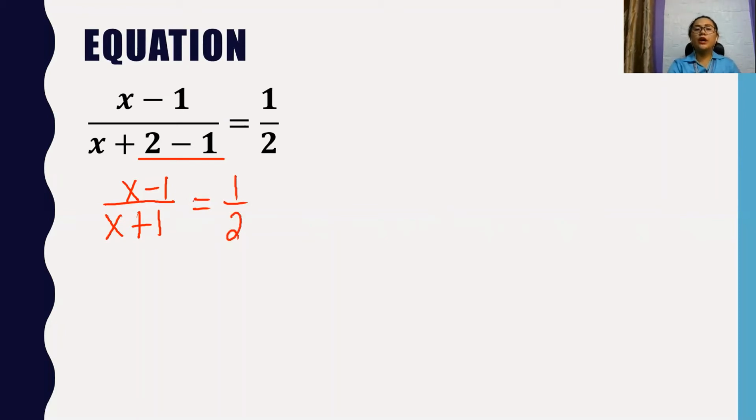Alright? Ngayon, we can cross-multiply this because from the left side, we have the single rational expression. And then from the right side, left and right, both single rational expression. Therefore, we can cross-multiply. So, cross-multiply lang yung process na ginamit ko.